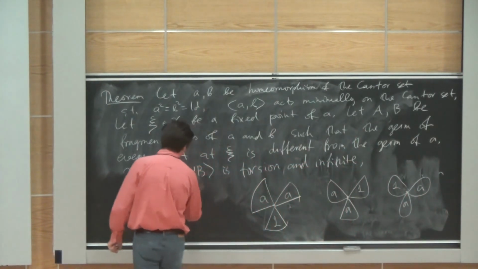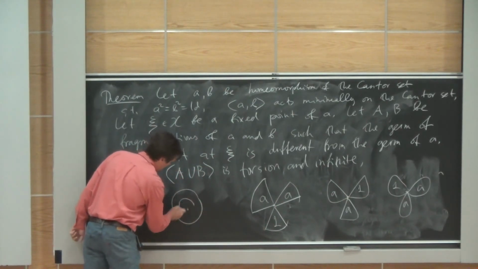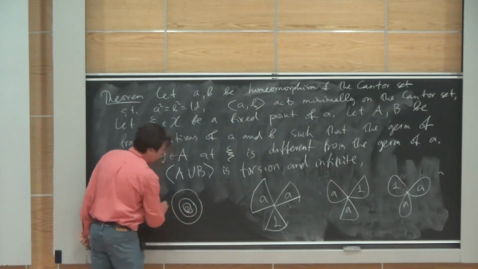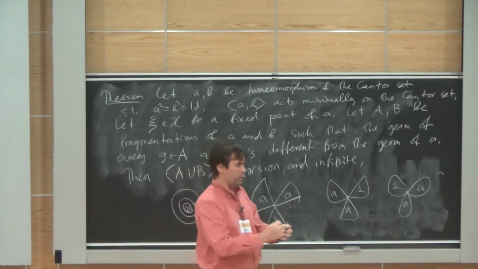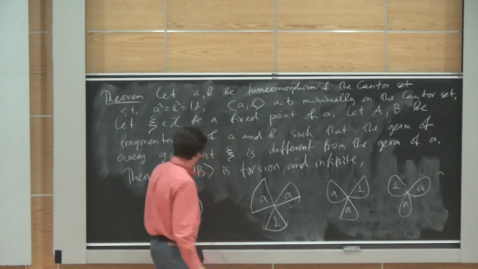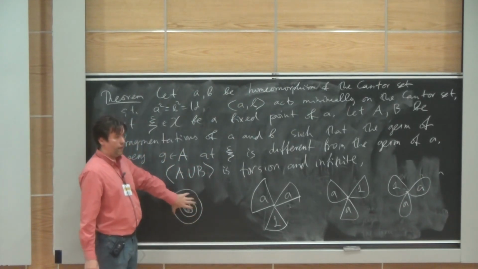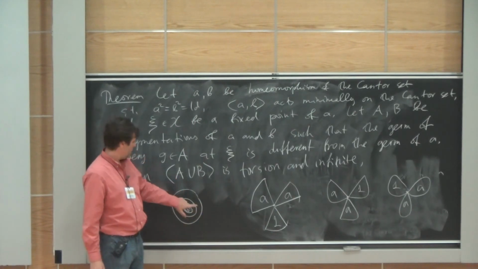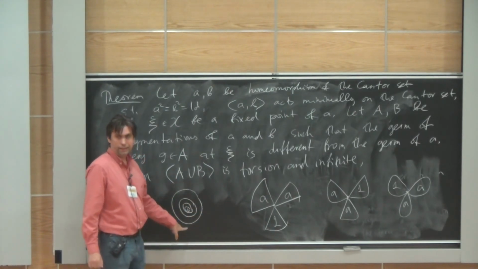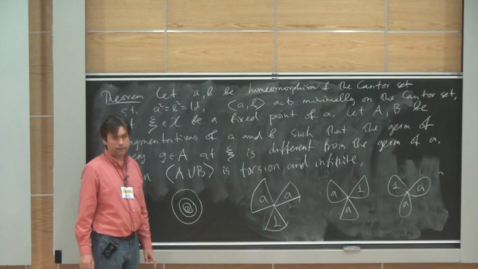Well, for example, you can take a descending sequence of neighborhoods of this point, intersecting at this point. You can make them A-invariant. For instance, take these sets intersected with their images under A. So you get a strictly descending sequence of A-invariant sets.